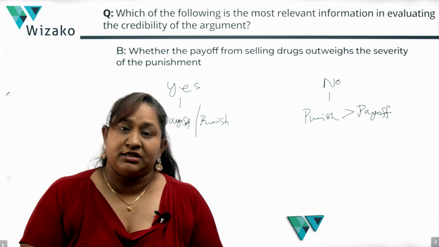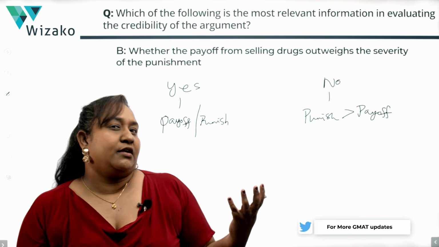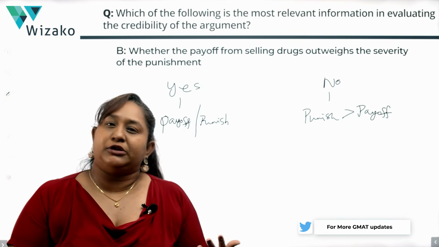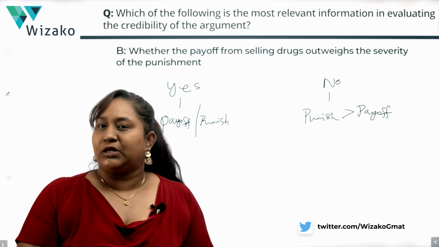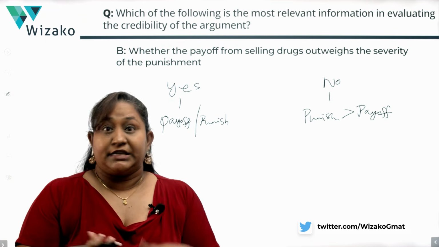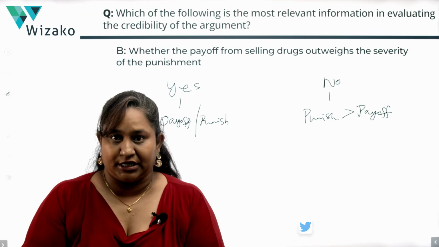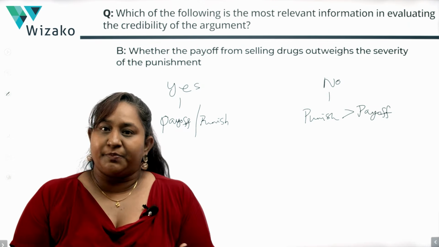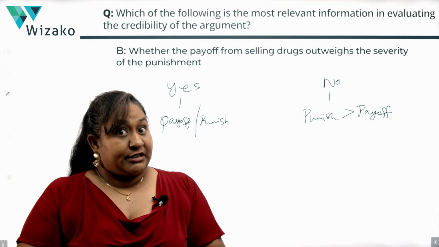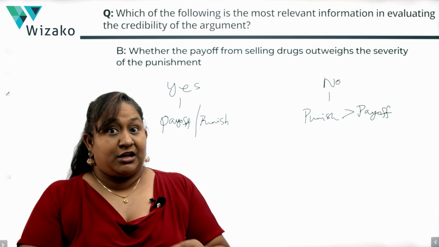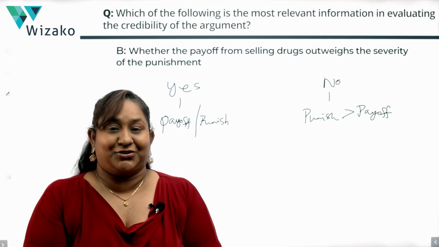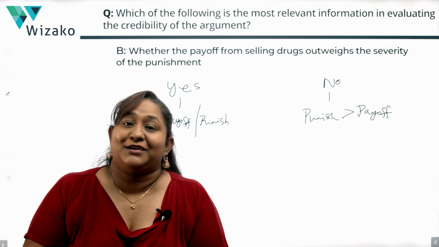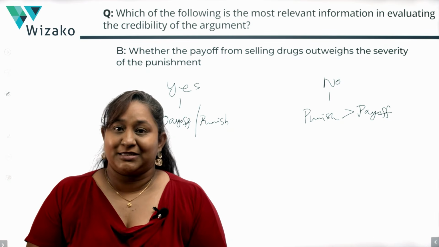Now, if the punishment is greater than the payoff, then the willingness of new people to become drug dealers, will they be willing to take a risk, right? It's a whole thing that comes into the discussion. And if the payoff is greater than the punishment, then there might be more people who are willing to say, there is a chance I might go to jail, but I'll make a lot of money before I do that. So maybe I will be a drug dealer after all. You could have people saying that.